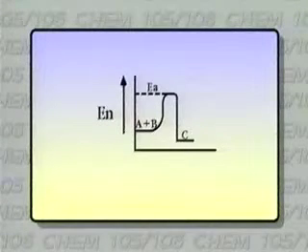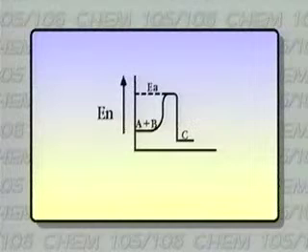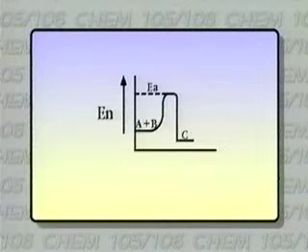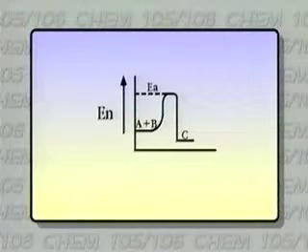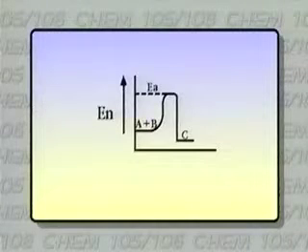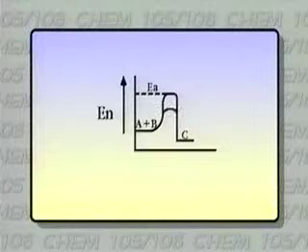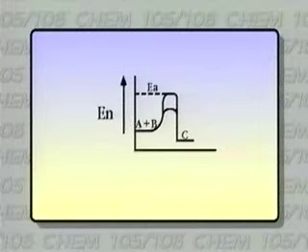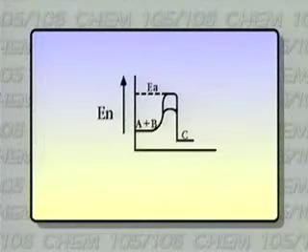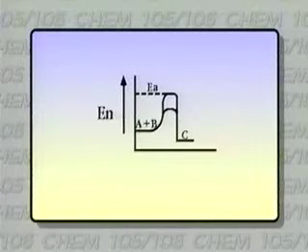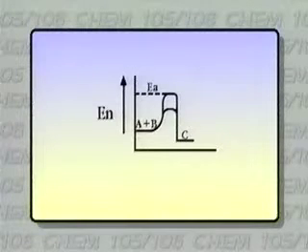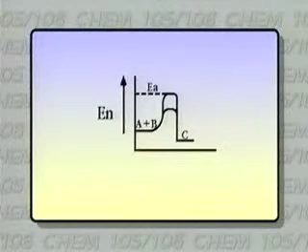If we recall, and this one, by the way, is an endothermic reaction, so we're showing something like this. Now, a catalyst lowers the activation energy barrier. But keep in mind that anything it does to lower the barrier in the forward reaction, it lowers the barrier by the same amount for the reverse reaction.